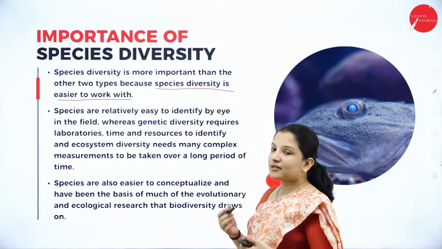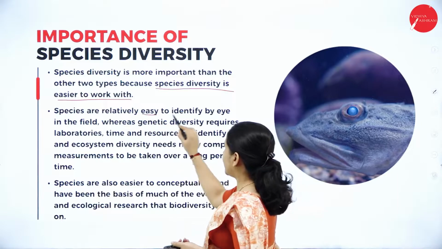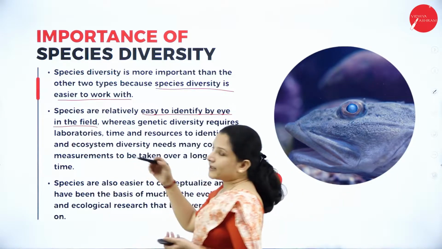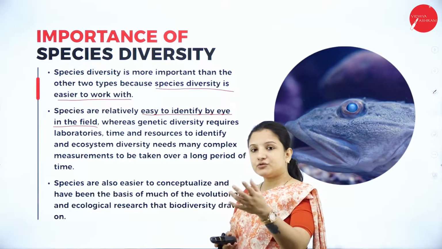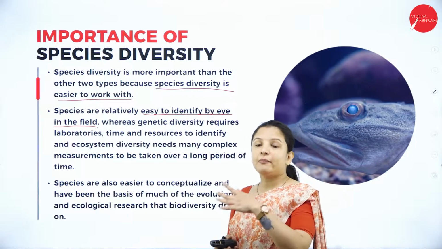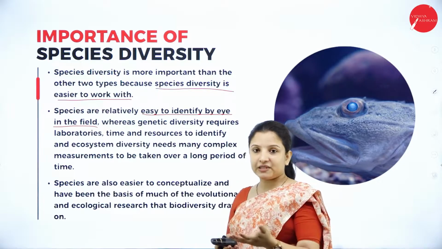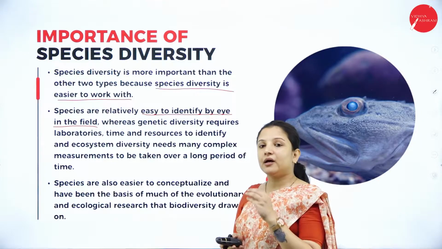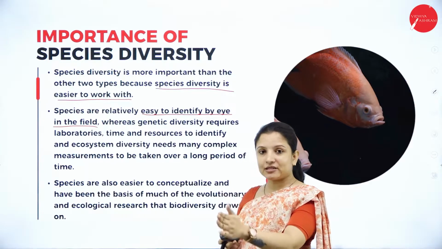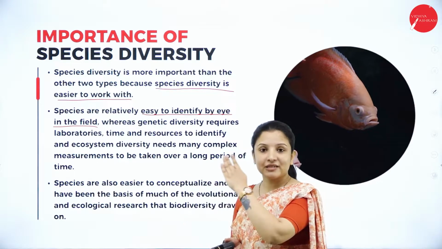And species are relatively easy to identify in the field by eye. As I told you, when you look at something, you can say this is a lion. Of course, we have Panthera leo, we have Panthera tigris, various species, but both belong to Panthera. But when you look at a lion, you can say it is a lion. When you look at a tiger, you can say it is a tiger.